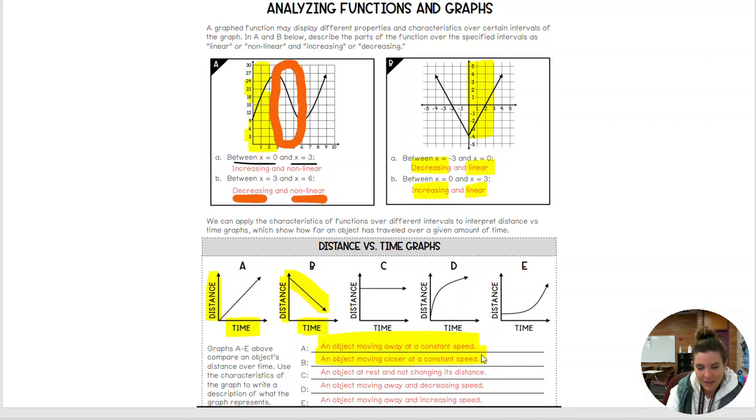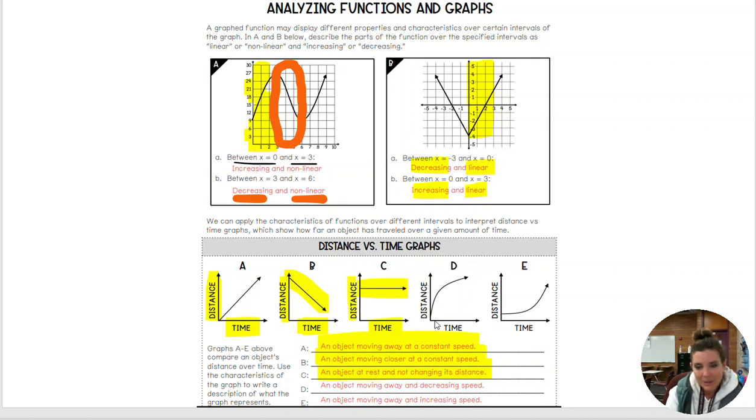Okay. On the next one, you can see that on our distance and time graph, time is moving forward, but distance is not increasing or decreasing at all. It's just staying constant. So that really just means that time is moving and the object is just staying at rest. It's not changing its distance.